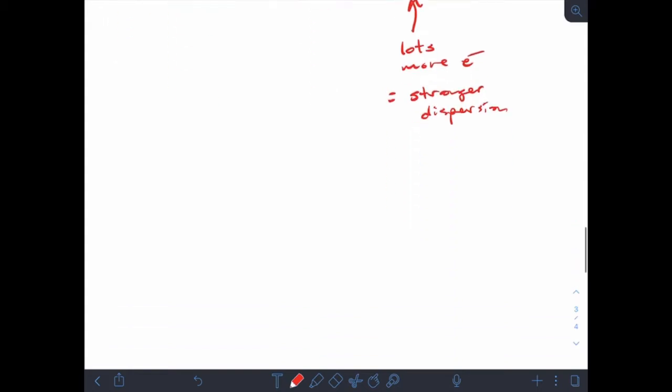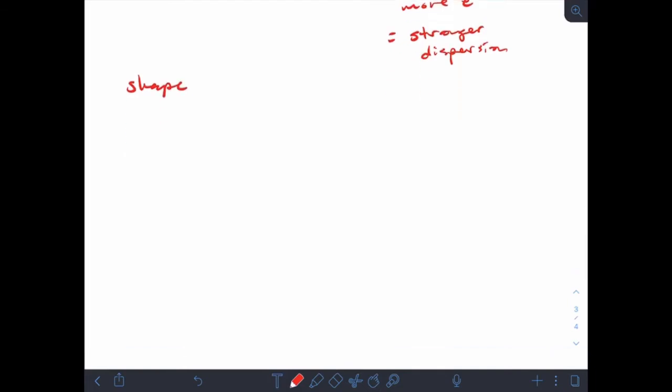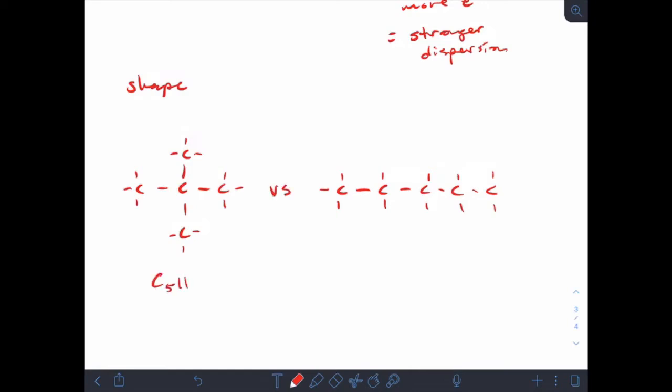The other factor is shape. Let's think about a molecule that looks like this, and imagine all these little lines are hydrogens. I'm not going to draw them all in because that's tedious. So 5 carbons, 12 hydrogens, versus one that looks like this. Both are C5H12.